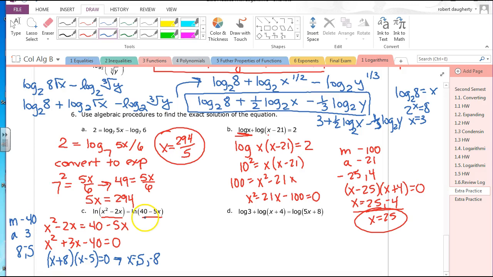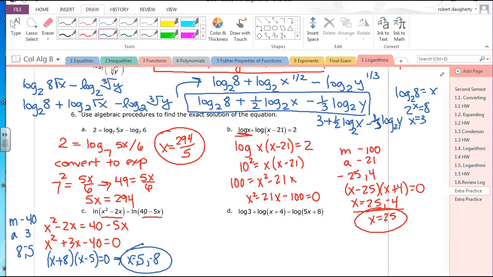And this becomes 40 minus 5 times 5, that becomes 15. That works. Plug in a negative 8. So this would be 64 plus 16. And over here, I would have 40 plus 40. Both of these work. So both of these solutions will give me positive values. And both of those would be solutions 5 and negative 8.